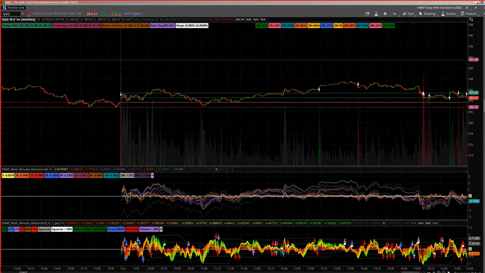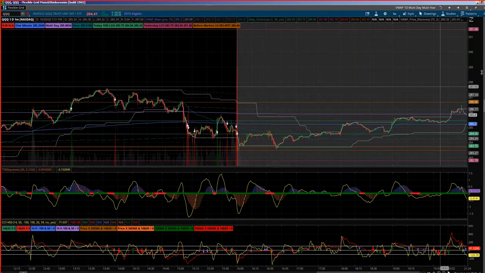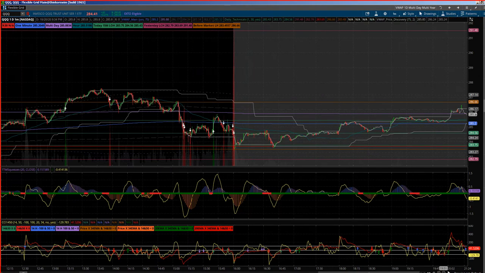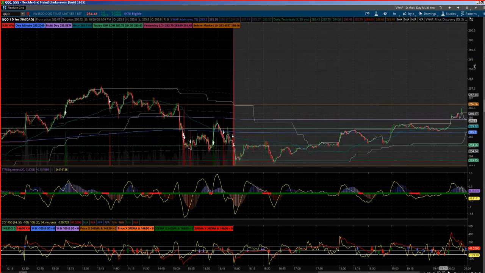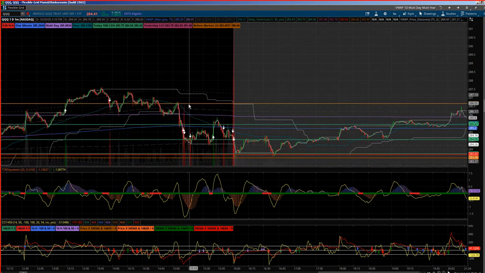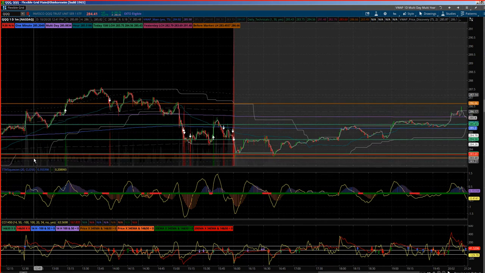The brown one is not showing because I don't have the pre-markets on that chart. However, on this chart, I do have them. I hide the pre-market highs and lows on the other chart because I don't have the pre-markets. On this one, you can see they're over here, high and low of the pre-markets.